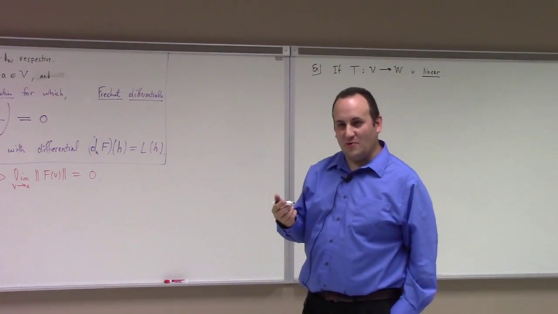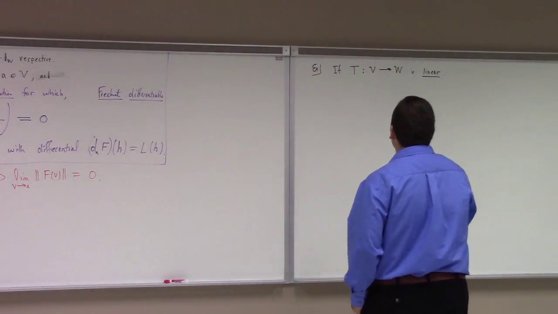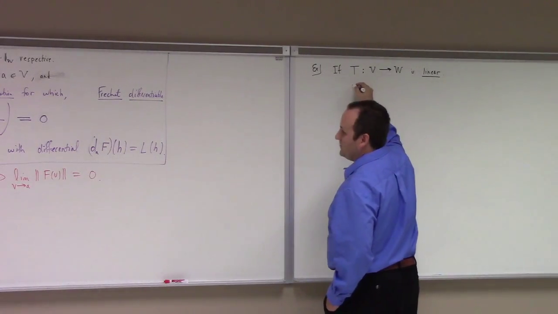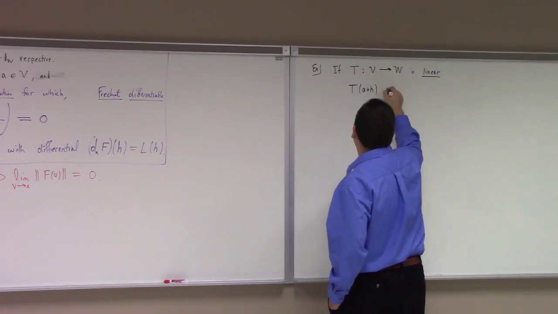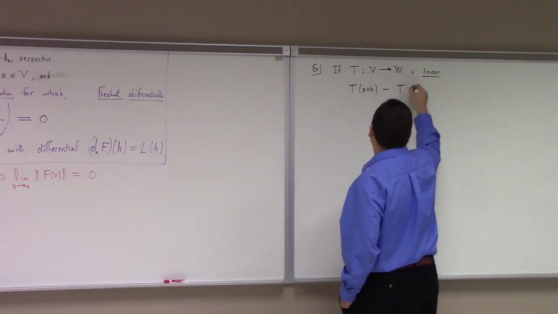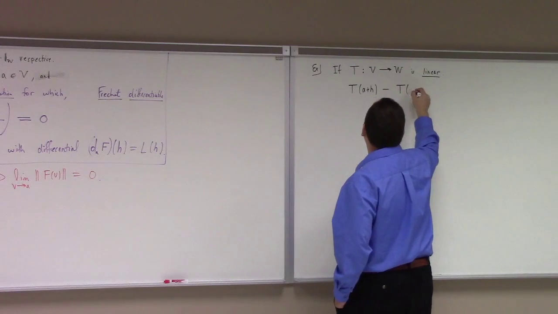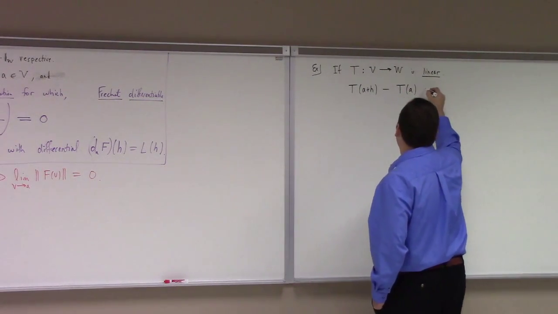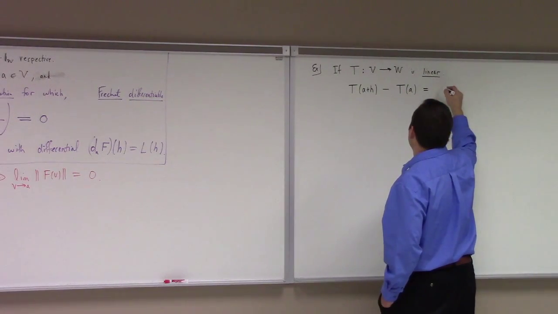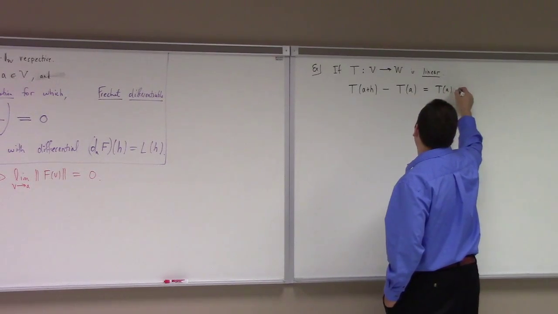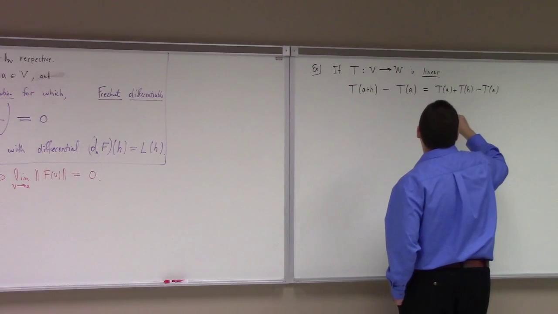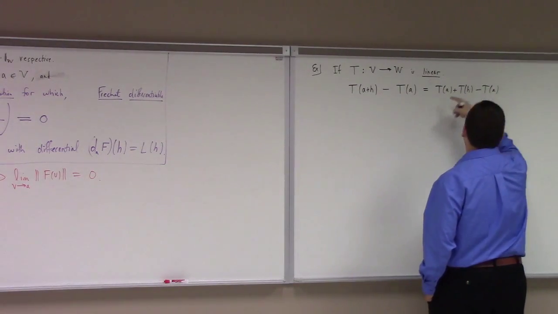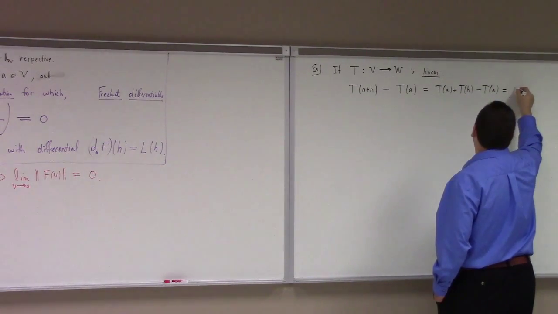Maybe we should hope it's the linear transformation. So here's how you actually do that. We look at T of a plus h minus T of a. Well, that's equal to T of a plus T of h minus T of a, just by linearity, by additivity. So that's just T of h.